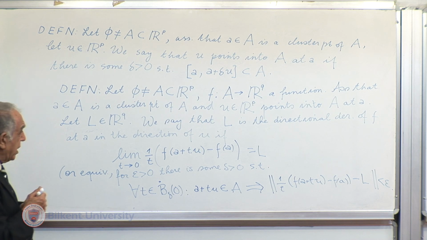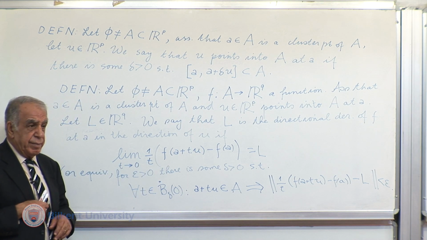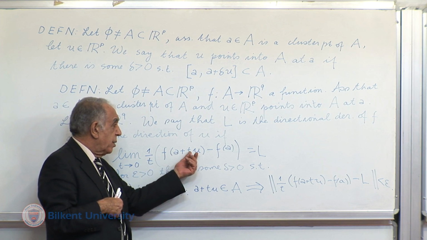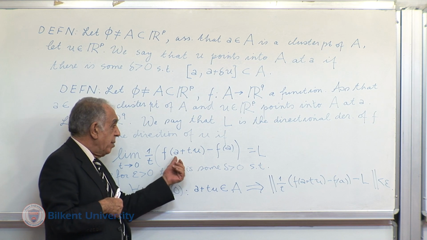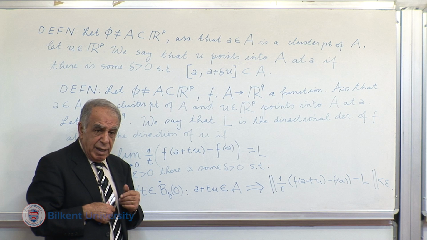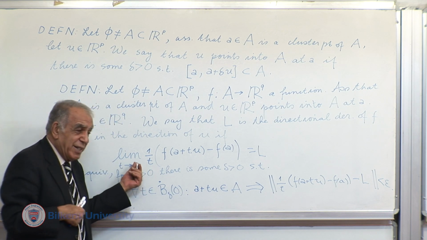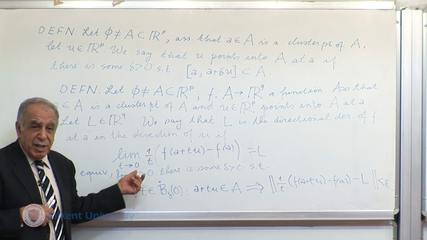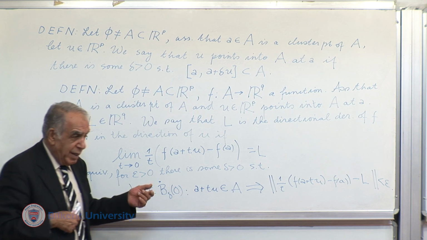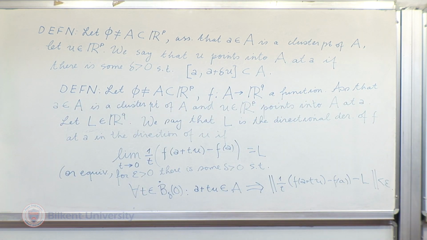No. But is this defined at u equal to 0? Well, if u is equal to 0, this becomes f of a minus f of a divided by t, but that's 0 for all t different than 0, so its limit is 0. So this directional derivative is also defined when u is the 0 vector.